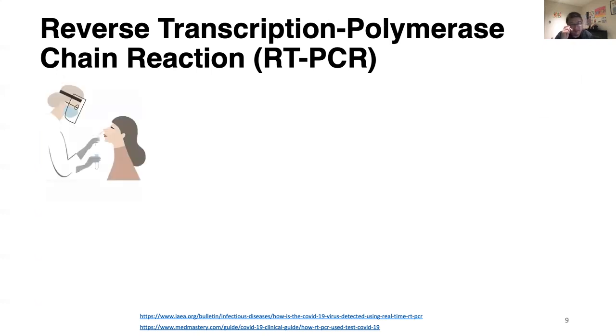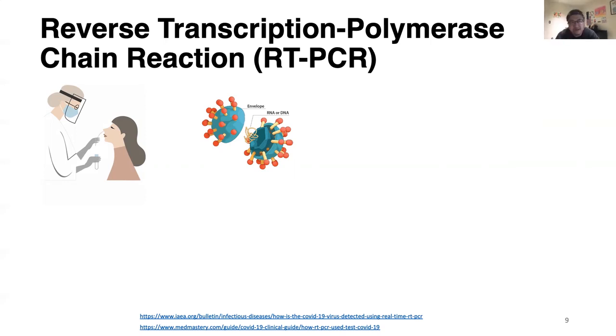Because from previous sections we know SARS-CoV-2 is a single-strand RNA sequence, in order to leverage this test to detect if there is a certain amount of virus in this patient's body, we have to first replicate this virus and let the viral load exceed a certain threshold.